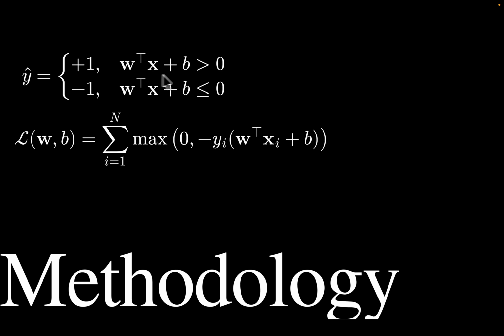But here it's written specifically so you might see it and understand it. When the linear sum is greater than 0, it's +1. When it's less than or equal to 0, it's -1.